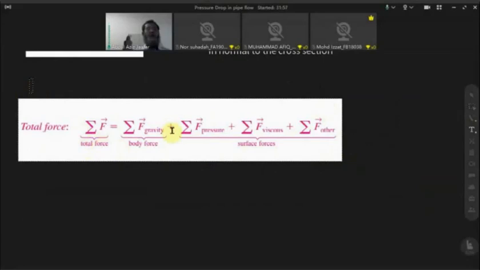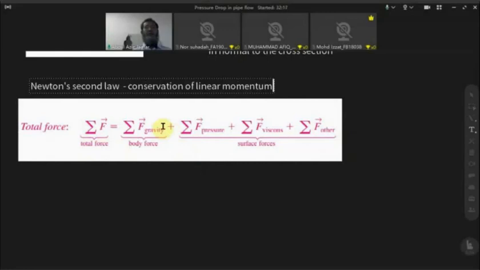So just now we looked at the shear stress that creates the shear force, and now we look at the other surface force due to the pressure, right? So this term is actually part of Newton's second law, and this second law represents the conservation of linear momentum, right?